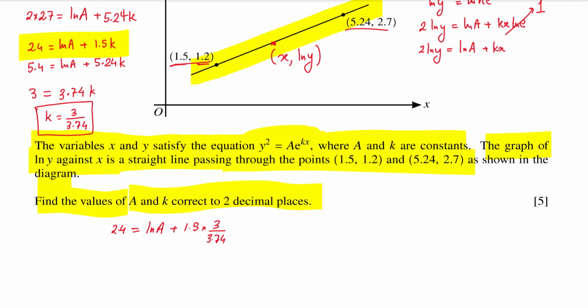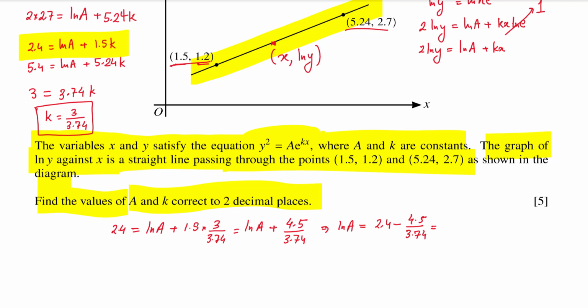It does not matter how long you are going to write for the solution. We can write in fewer steps as well, but I'm writing like this. From here we can get ln a equals 2.4 minus 4.5 over 3.74.